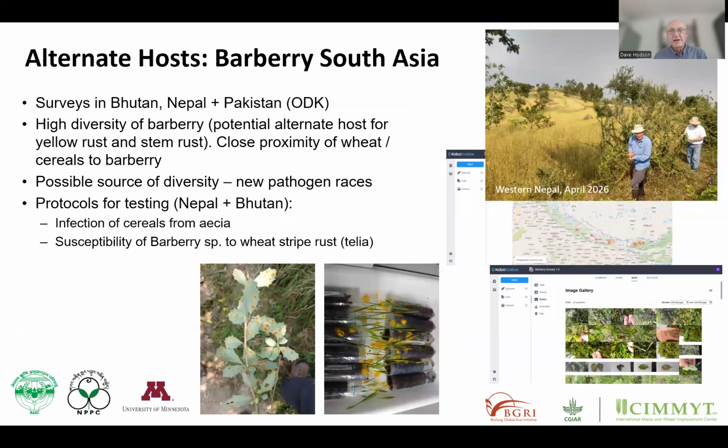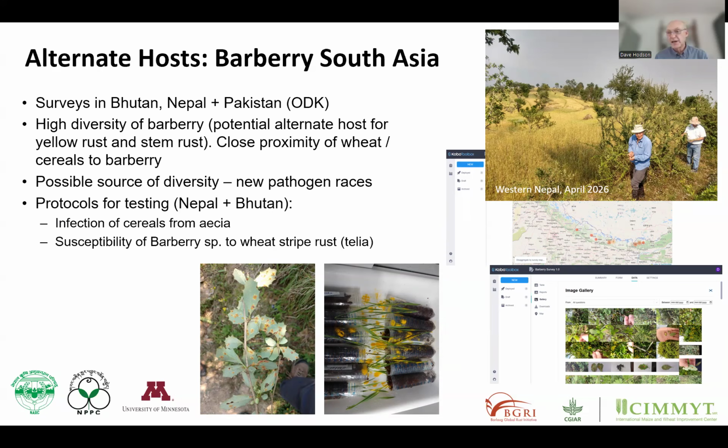Given the genetic diversity that we're seeing, we've got a clear and increasing interest in the role that alternate hosts, Barberry and Mahonia, could be playing in the Himalaya region in South Asia. We've put in place surveys for Barberry in Bhutan, Nepal, and also some in Pakistan.